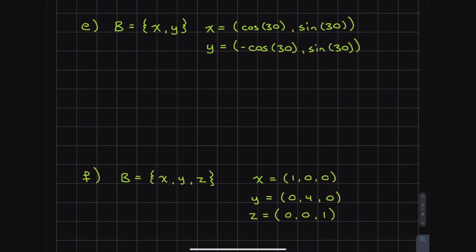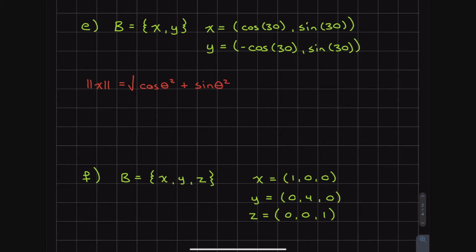So here's kind of a fun one where we have cosine of 30 and sine of 30. And it's actually very easy to show that these do have a norm of 1. So let's look at x really quick. So the norm of x is equal to the square root of x1 squared. So we have cosine, and I'm not going to put 30, I'm just going to put cosine of theta squared plus, and then the second component is sine, and again, I'll just put theta squared.